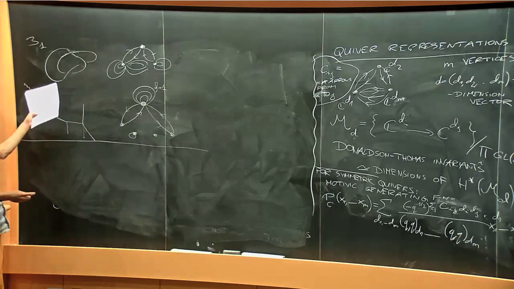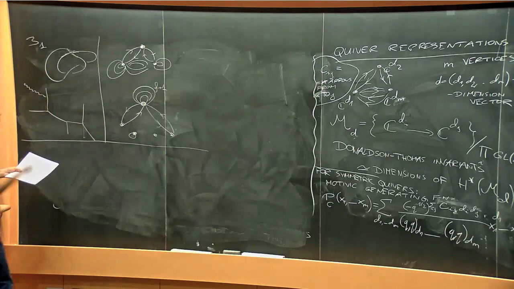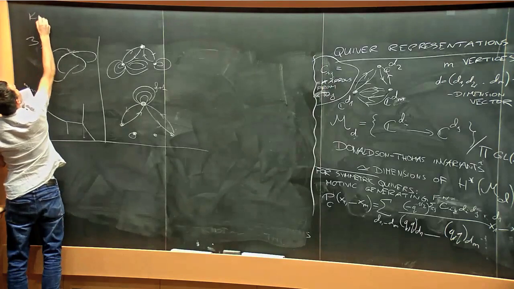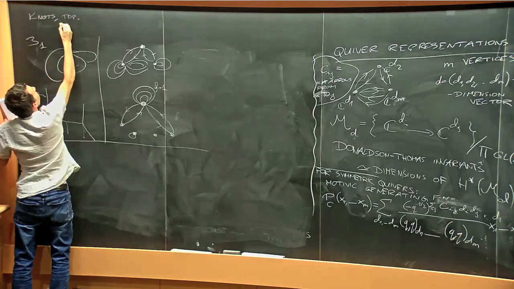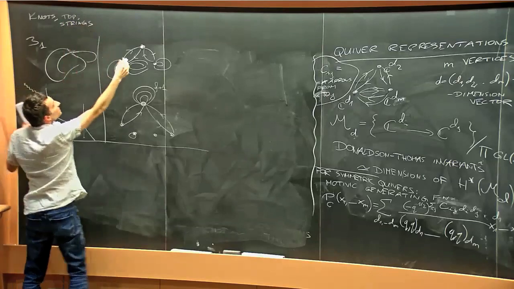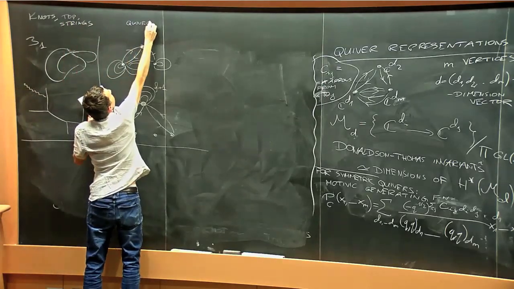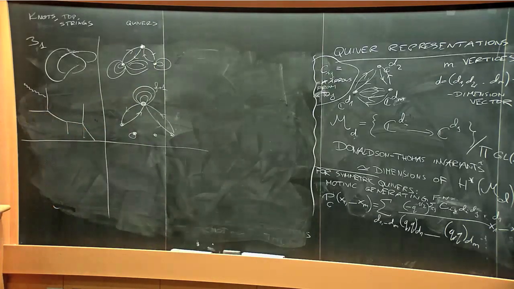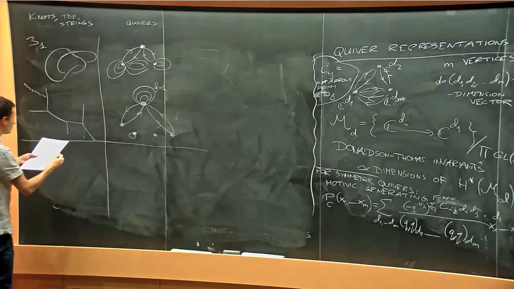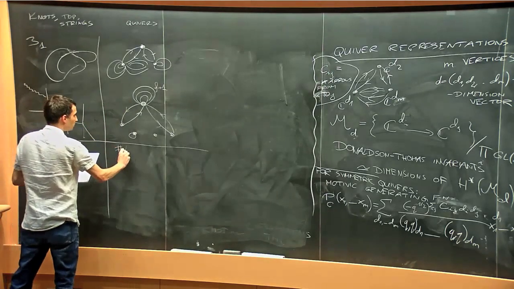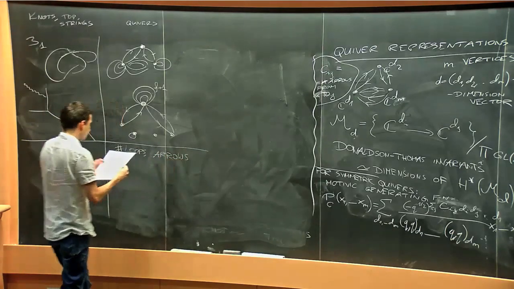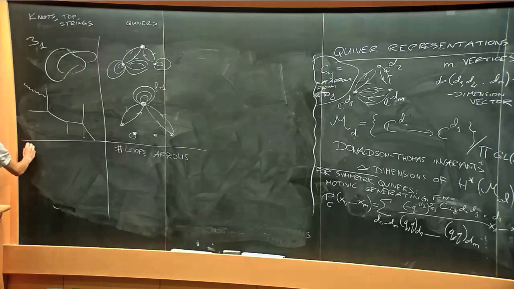And let me write also some quantities or objects on both sides of this correspondence which correspond to each other. Here we have knots or topological strings, and here we have quivers and their representations. Some of the things that we can match you see directly. For example, if you look at the quiver, you see the number of loops and arrows. It turns out that they correspond to framing on this side.